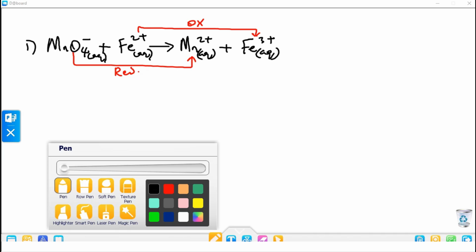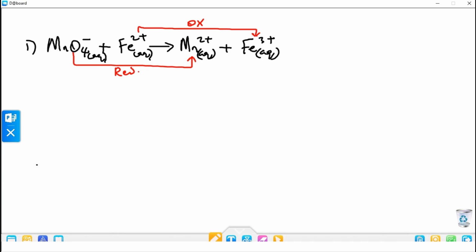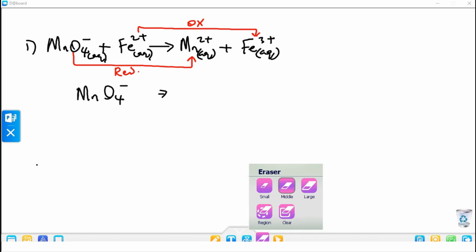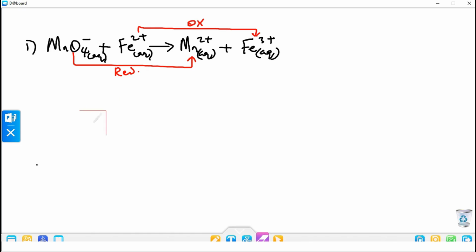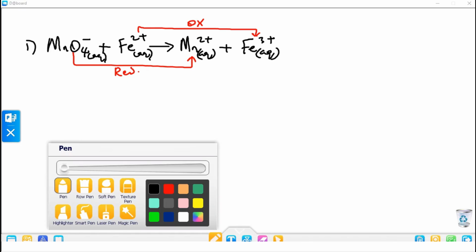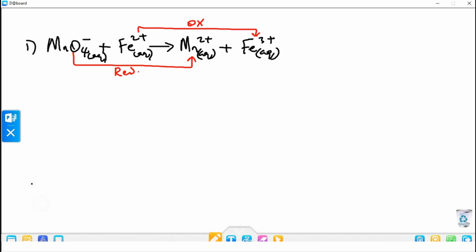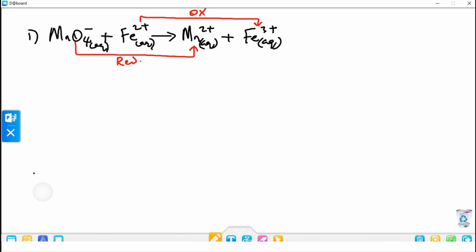So with this, we can now write out our reduction and oxidation half cells. Beginning from manganese, we have our MnO4 minus to manganese 2. Let's just erase that and make it better, and let's shift this a little.